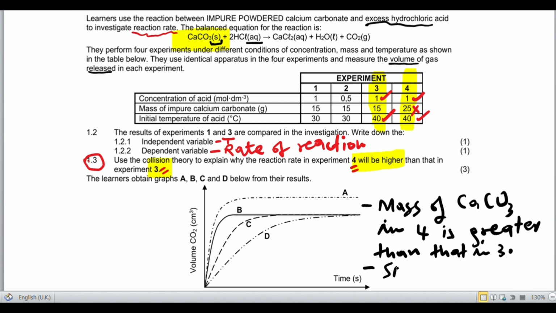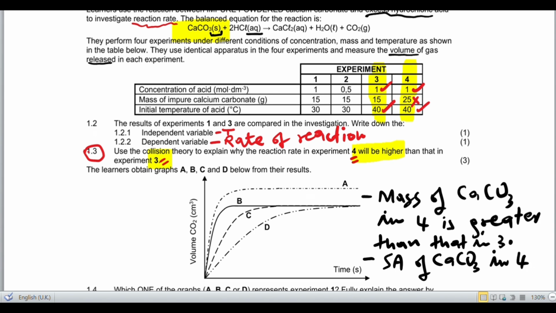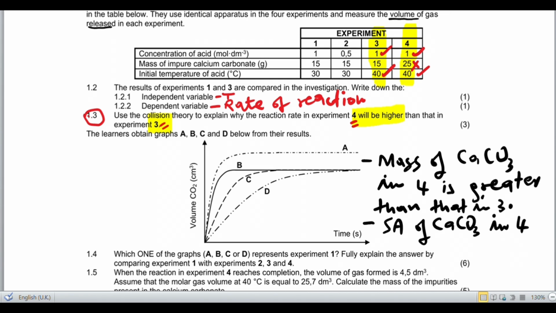Therefore, the surface area of calcium carbonate in experiment 4, since we say mass is greater, therefore the surface area is greater also, than that in experiment 3.